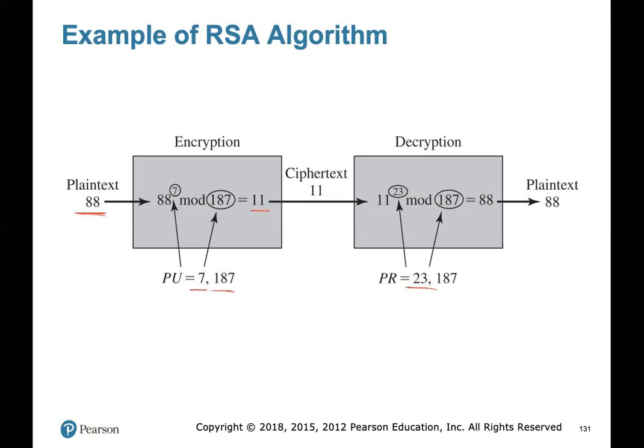But you may wonder how these big powers and big mod operations are going to be done. There are many theorems and there are many algorithms that help the computers to do that. We don't have to do it like a normal power computation. We don't have to, for example, calculate 88 times 88, and so on, and then start doing the mod.